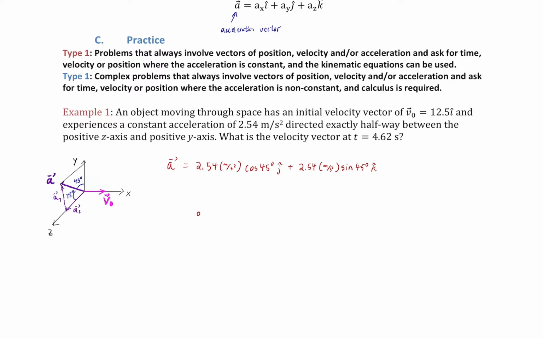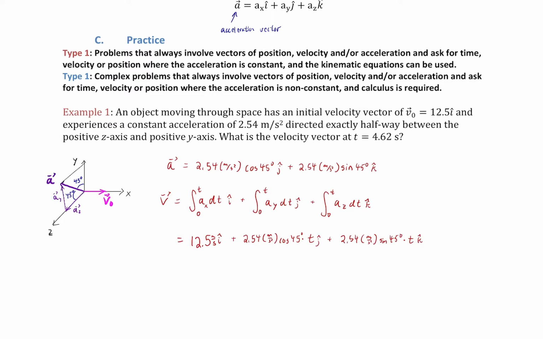Okay, and then to get the velocity, if I know acceleration, I could integrate each term to get velocity. Now I could have also used the kinematic equations, since the acceleration is constant, I know that the velocity must be linear. But indeed, the integral gives me that same result.